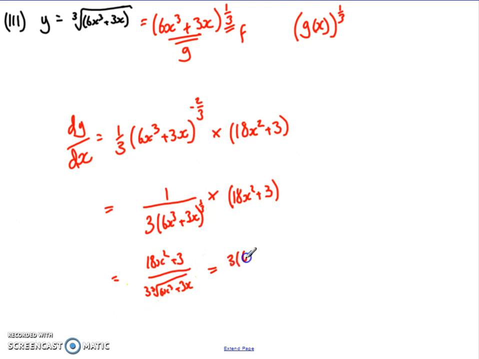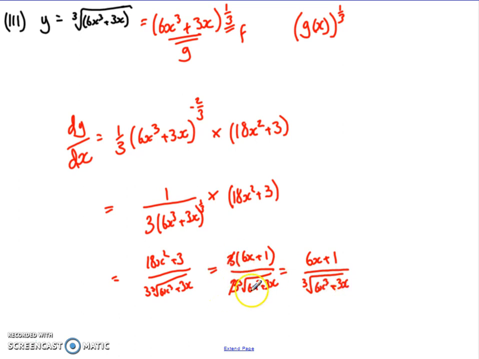So I've got 3 bracket 6x squared plus 1 over 3 times the cube root of 6x cubed plus 3x, and I can cancel these 3s out here. So simplify it down just a little bit. So I've then got 6x squared plus 1 over the cube root of 6x cubed plus 3x.